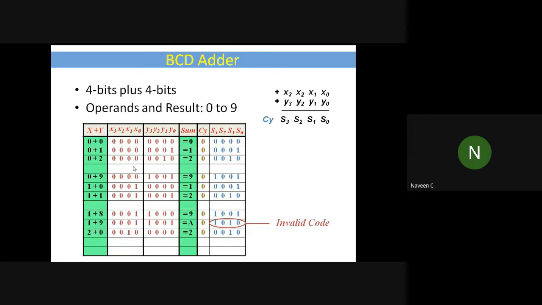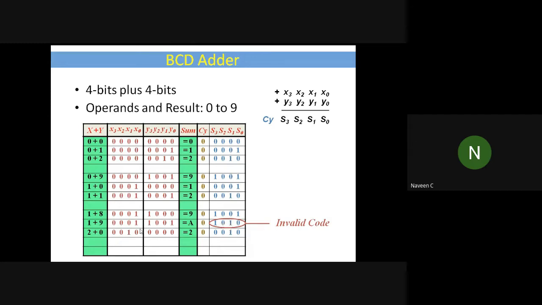Like that, if you see for 0 plus 1, 0 plus 9, 1 plus 0, 1 plus 1, everything we will get the corresponding value. But if it is exceeding 9, in this case 1 plus 9, the result should be 10, but in BCD this will be invalid.